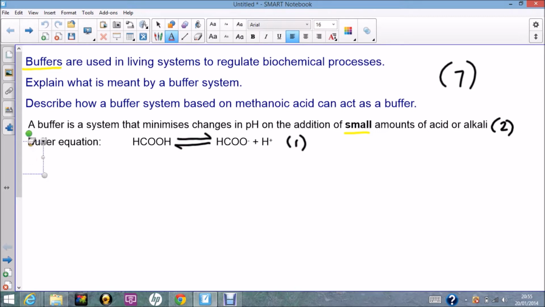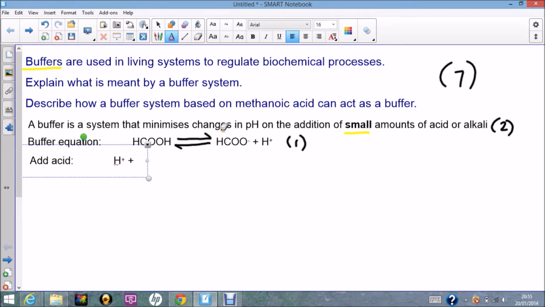Then I'm going to explain how it works. If I add some acid, what I'm actually adding is H plus ions. Look at your buffer equation. If you increase the concentration of H plus, it's an equilibrium. It's going to want to oppose the change. It's going to try and decrease the concentration of H plus by moving left.